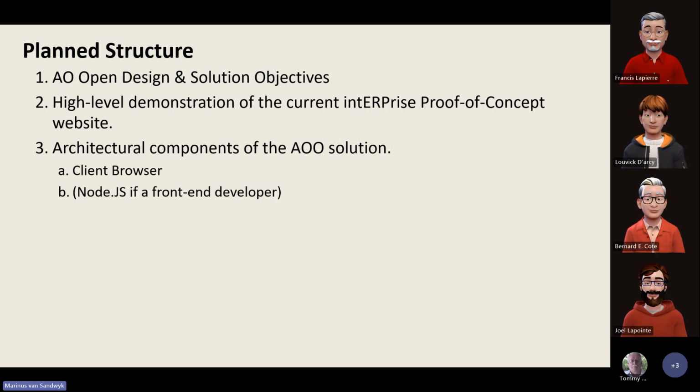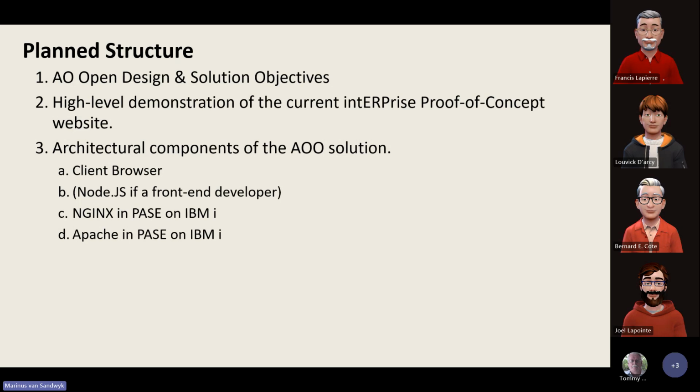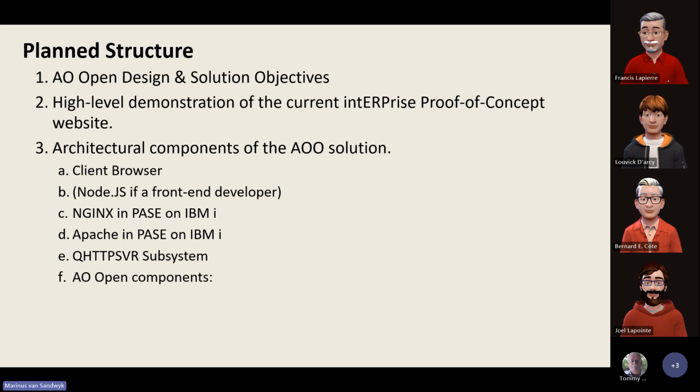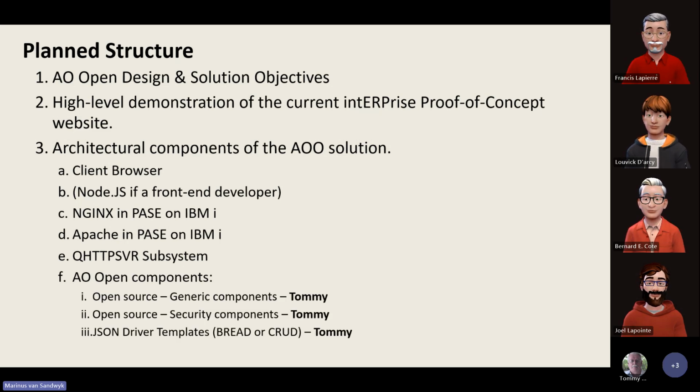Looking at the client browsers, Node.js if it's a front-end developer, Nginx on Pace, Apache on Pace, the QHTTP server subsystem on IBM I. Then you're not rid of Tommy yet. He will briefly talk about the AO Open components, and I'm talking the IBM I components, the open source generic components, the security components, and then the JSON driver templates.